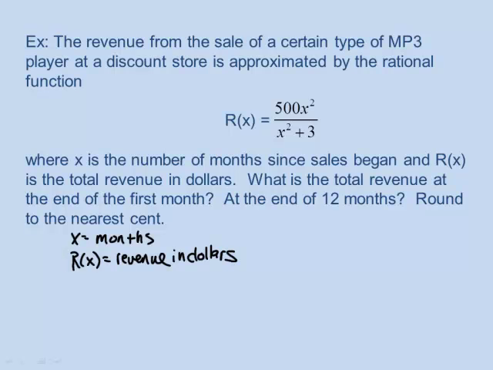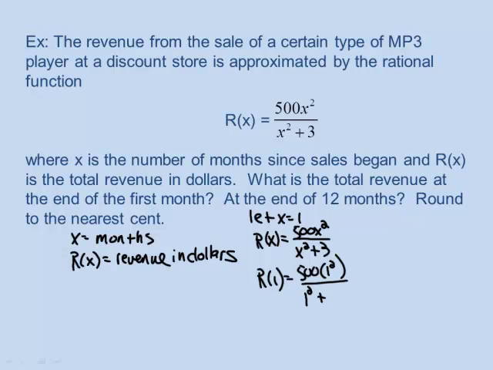What is the total revenue at the end of the first month? So the first question says, let x be 1, that's 1 month, and see what your revenue is. Find what r is. So r of x is equal to 500 times x squared over x squared plus 3. R of 1 then, the revenue after 1 month, is going to be 500 times 1 squared divided by 1 squared plus 3.